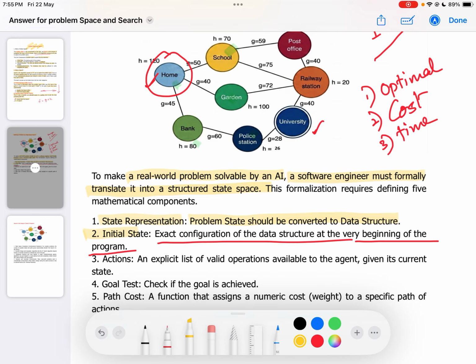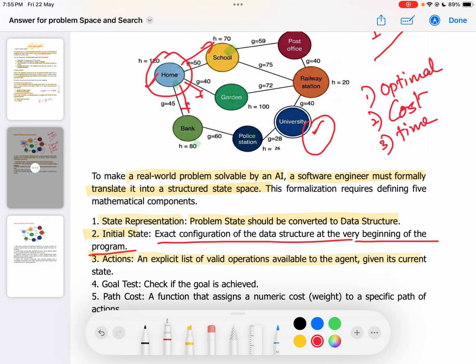Then the actions that are there. Okay, what are the valid operations that can happen? If we look at our example, from home you can go to bank, garden, or school. Our goal is university, but we have only 3 ways out of that home.